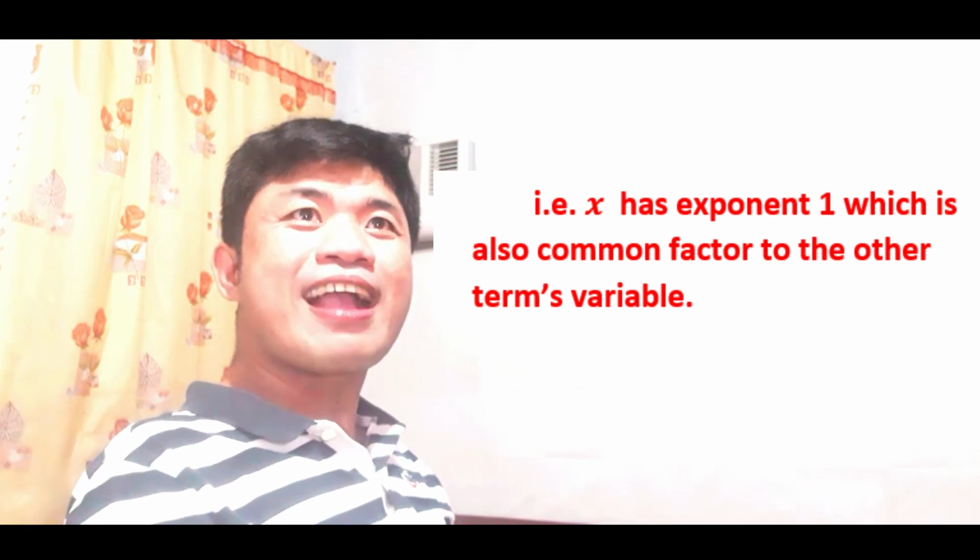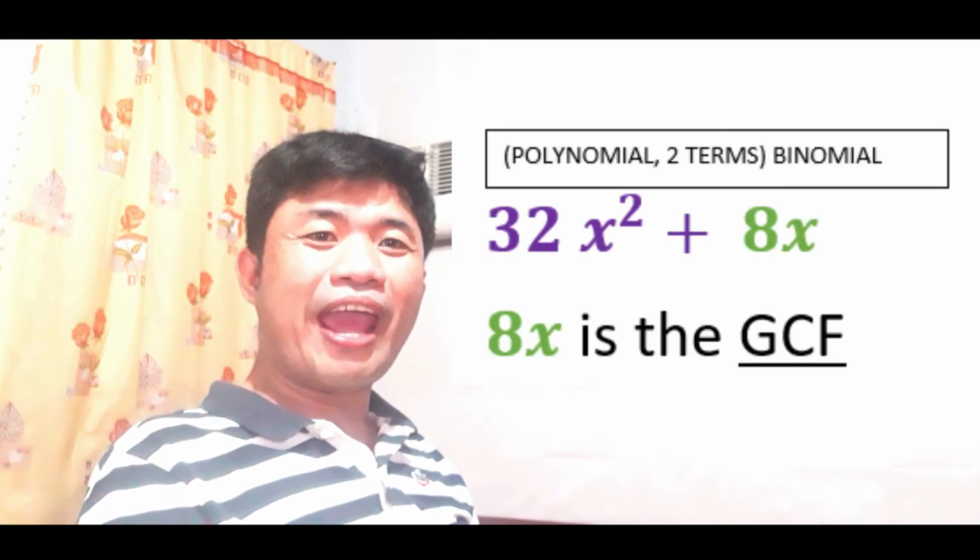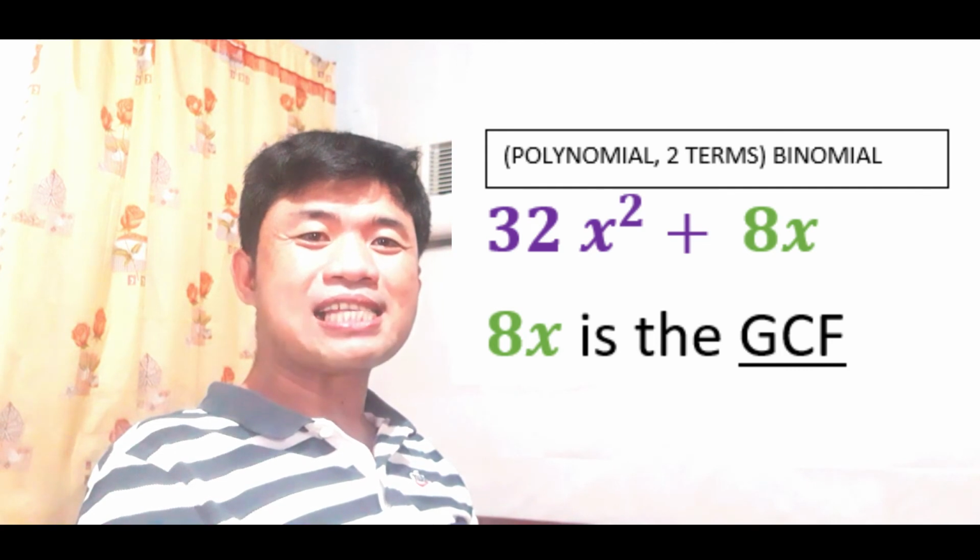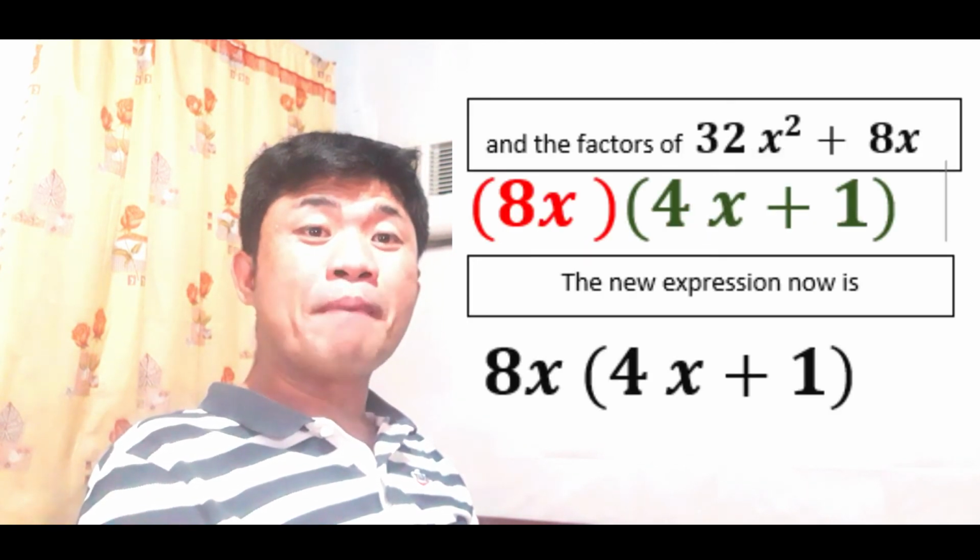That is, x has exponent of 1, which is also the common factor to other terms variable. Diba? Ang variable sa ating terms is x with the power of 2. So, common siya. We can get 8x. So, 8x is the greatest common factor of the binomial 32x squared plus 8x. Okay?